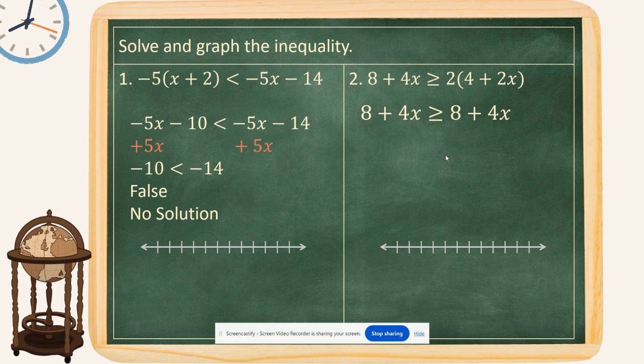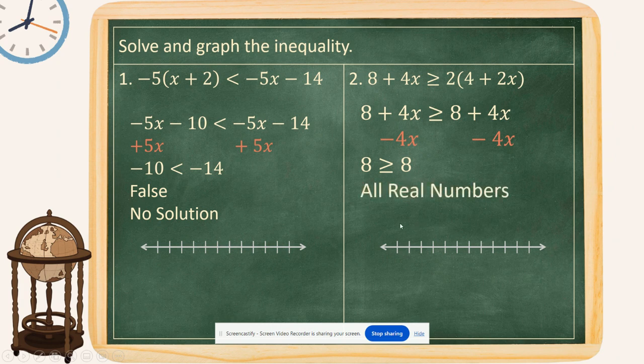I'm going to subtract 4x from both sides, and my variables cancel out. So I have 8 is greater than or equal to 8, and of course 8 is equal to 8, so that's a true statement.